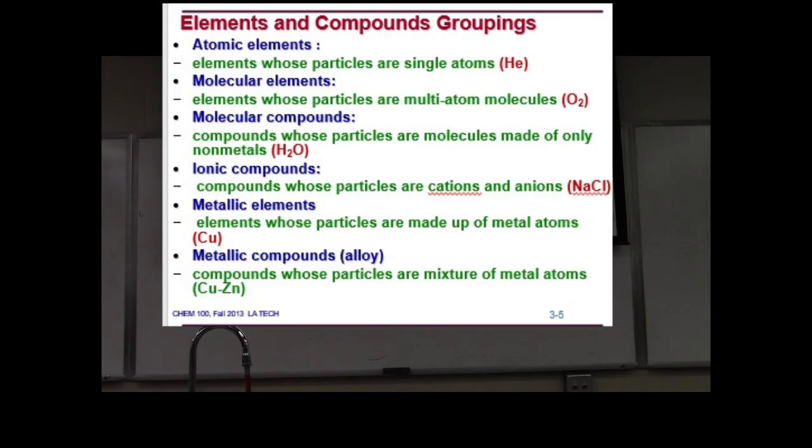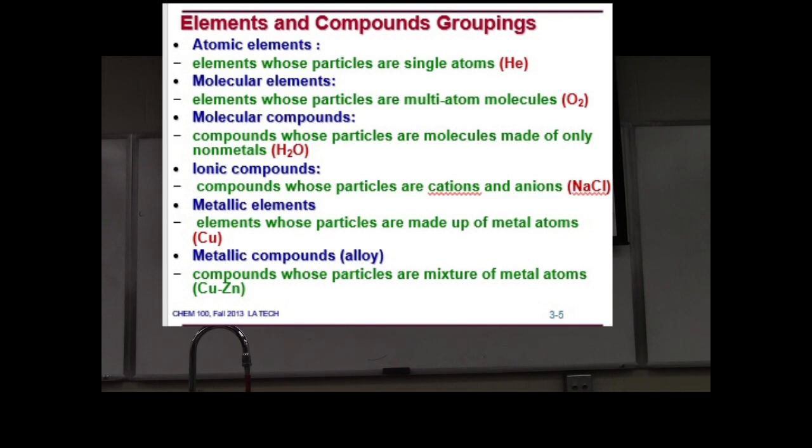Let's look at other things. Sulfur is 8. Bromine is 8? I'm asking how many atoms in the bromine molecule? All the halogens are diatomic molecules.